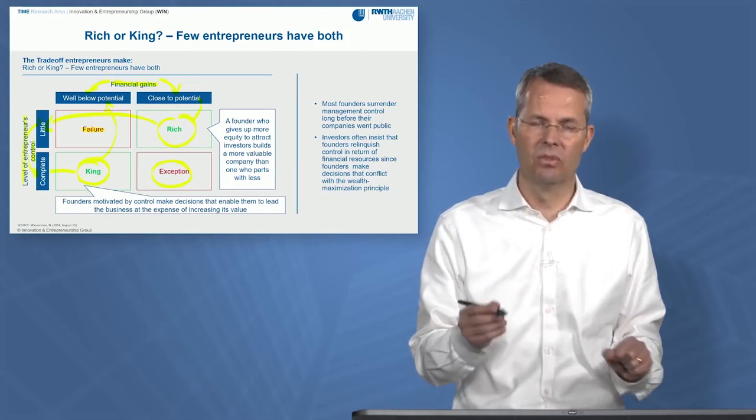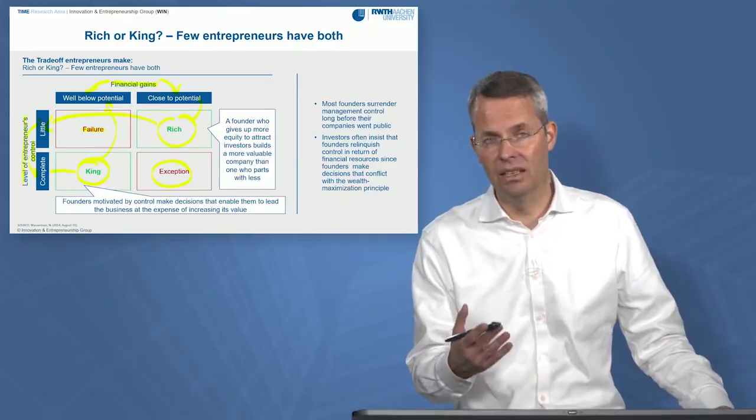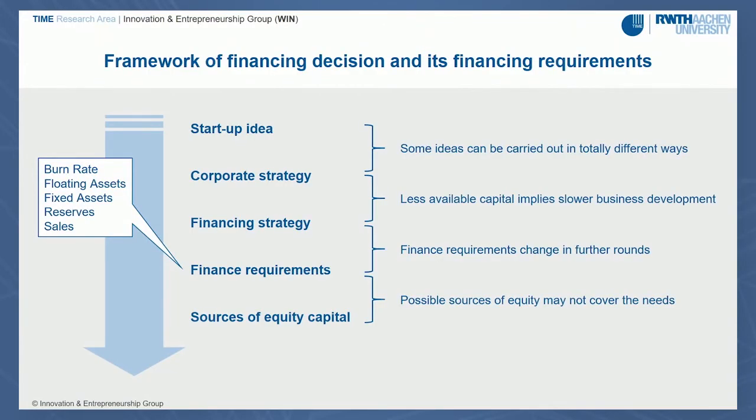And this is, remember, being done by the financing rounds, by understanding your business, by developing your business stepwise. Because if you have a startup idea, you can develop your corporate strategy in different ways. Developing your corporate strategy in different ways also means you decide on the control you have.